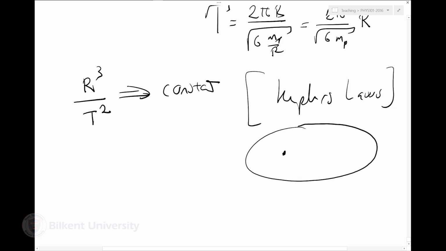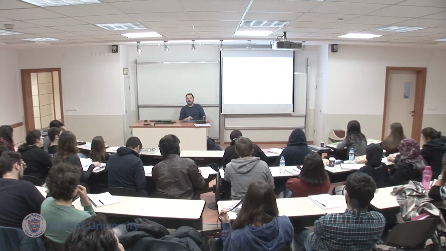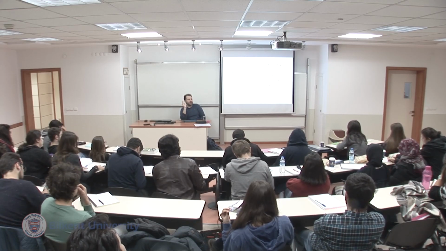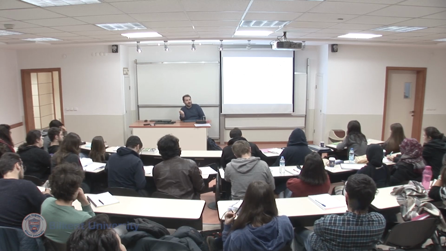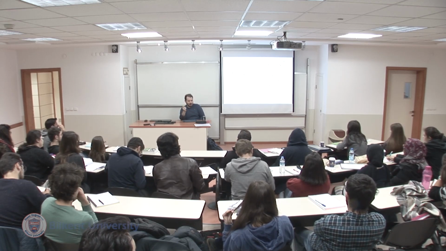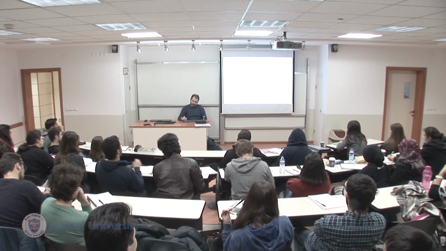We just did this for circular orbits, but in general, orbits are elliptical. And the second one was that when you're closer to the planet, closer to the sun, you're actually moving faster. And we're going to investigate that next week. That's just angular momentum conservation.